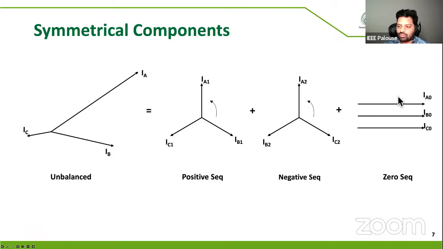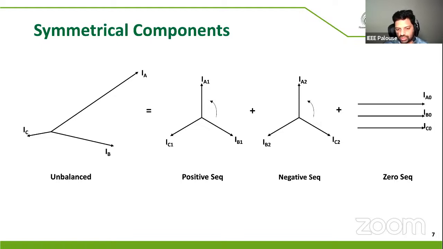The zero sequence component will always have three phases in phase with each other and of equal magnitude. So from being unbalanced, we move to a balanced world where the three phases of these components are equal in magnitude and displaced by 120 degrees.